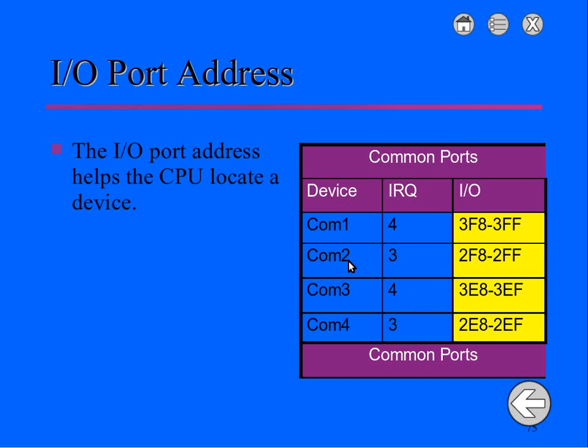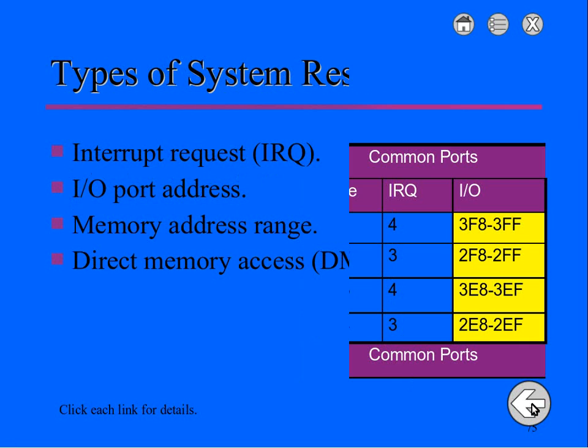Same thing here with COM2. You see, COM2 has a different I/O address than all these other ones, but it shares its IRQ with COM4. So again, if the CPU got an interrupt on COM3, it would go and look and see which one caused it, whether it was COM2 or COM4.